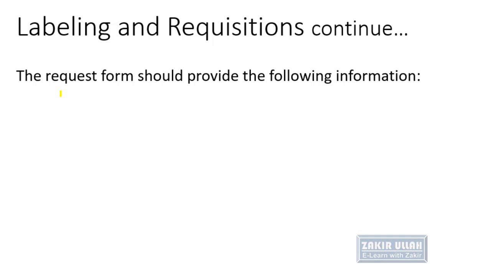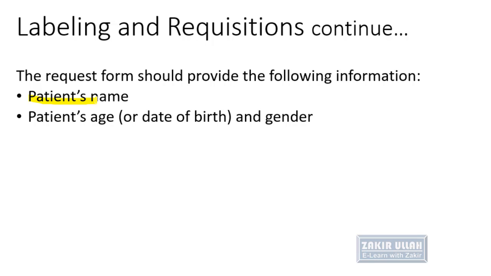On the request form, the following information is important. First is the patient name. The request form should contain the patient name, the age of the patient, and the gender, either male or female.